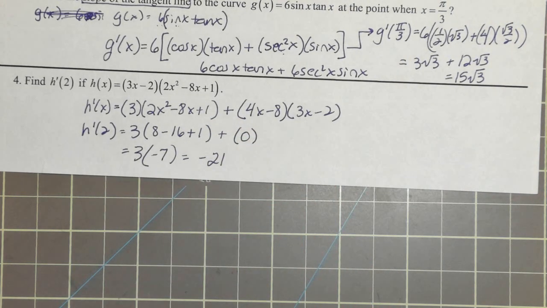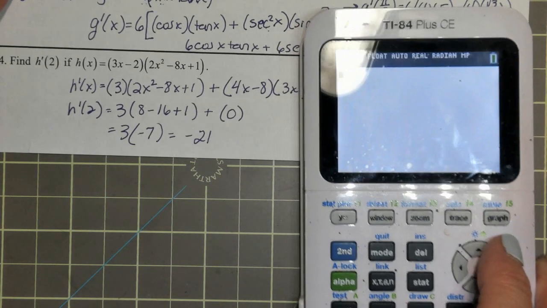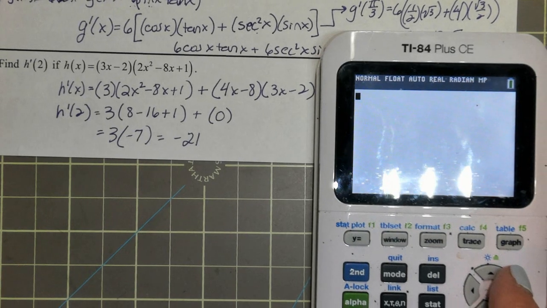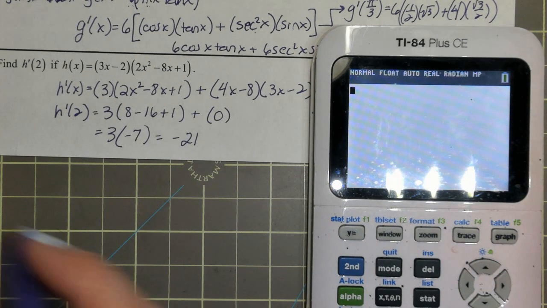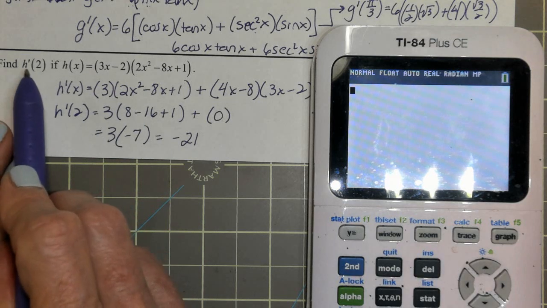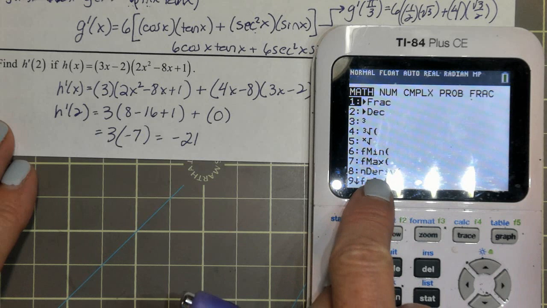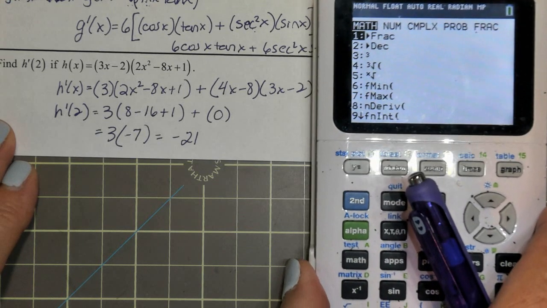We can confirm these, you guys. You can confirm these on your calculator. And since we have such a short video here, let's confirm this one on our calculator. We're taking the derivative of this function at 2. H prime of 2. So math, and then down here at number 8, we've done this in class.